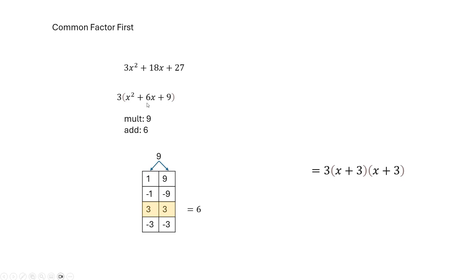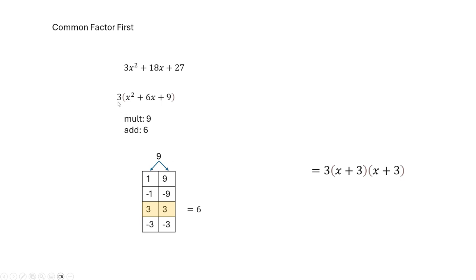So now we're looking for a pair of numbers that will multiply together to be 9, but add together to be 6. We write out all our factors for 9, and we find that one pair, 3 and 3, satisfy both those conditions. 3 times 3 equals 9, 3 plus 3 equals 6.